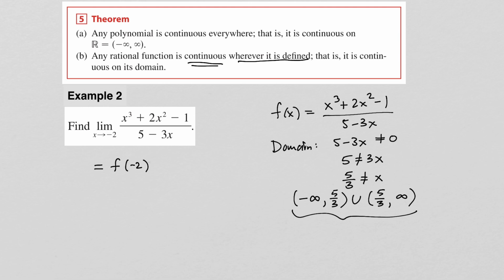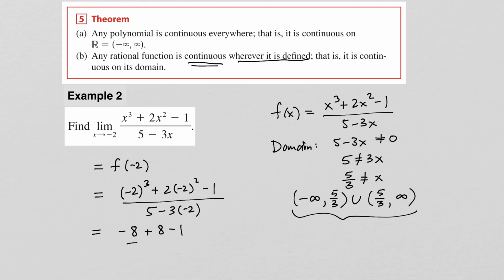So all this is to say that if I want to compute a limit of a rational function, as long as I'm not dividing by 0 at this number, all I have to do is plug this number in. So the limit here is going to be -2 to the 3rd power plus 2 times -2 squared minus 1 divided by 5 minus 3 times -2. And if you do the math, you get -8 plus 8 minus 1 divided by 5 plus 6, and this is -1 over 11.